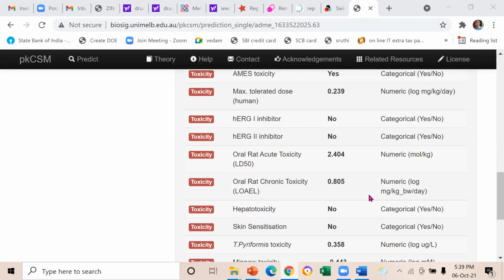Yeah, so it also gives you the toxicity of the same molecule: no hepatotoxicity, no skin sensitization, no oral toxicity.